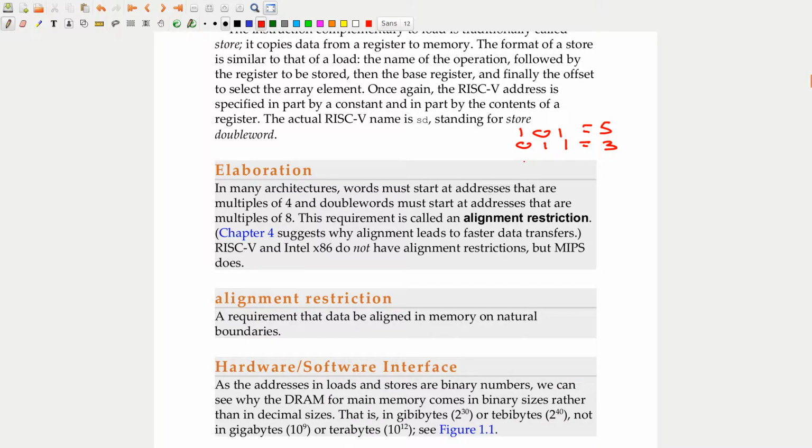In Big Endian, this would be 0, 1, 2. And in Little Endian, this would be 2, 1, 0. So this is the big address, and this is the little address.